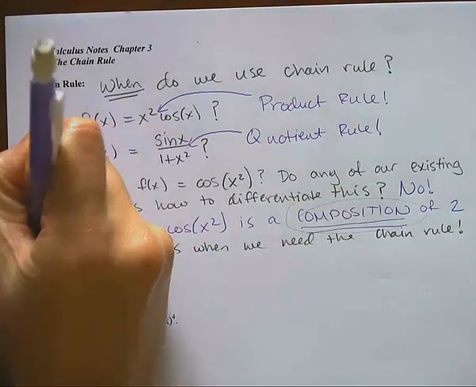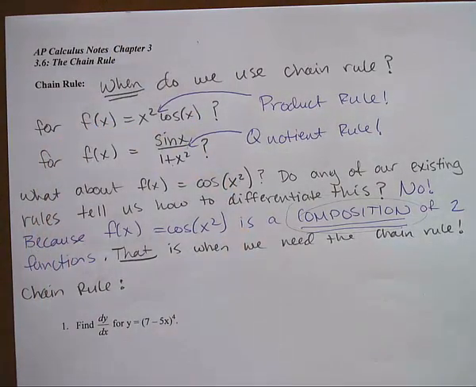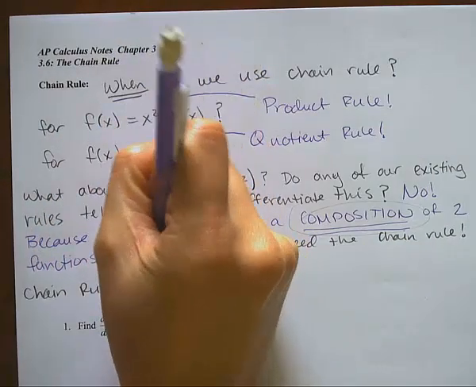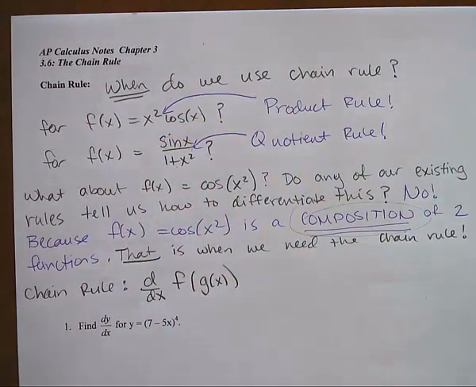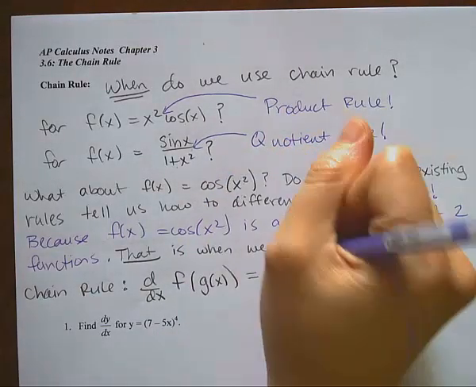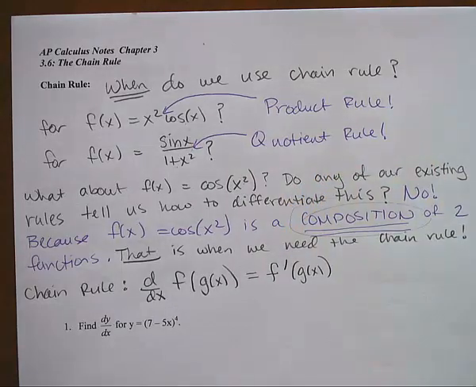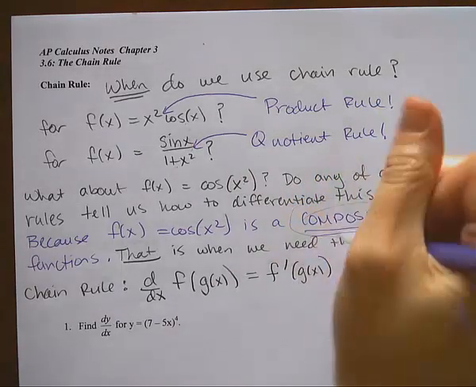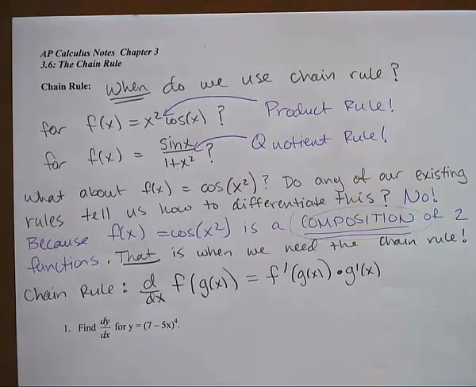So the chain rule is the following. When you're trying to take the derivative of a function of a function, a composition of functions, you would take the derivative of the outside function with respect to the inside function, and then you would multiply that by the derivative of the inside function.